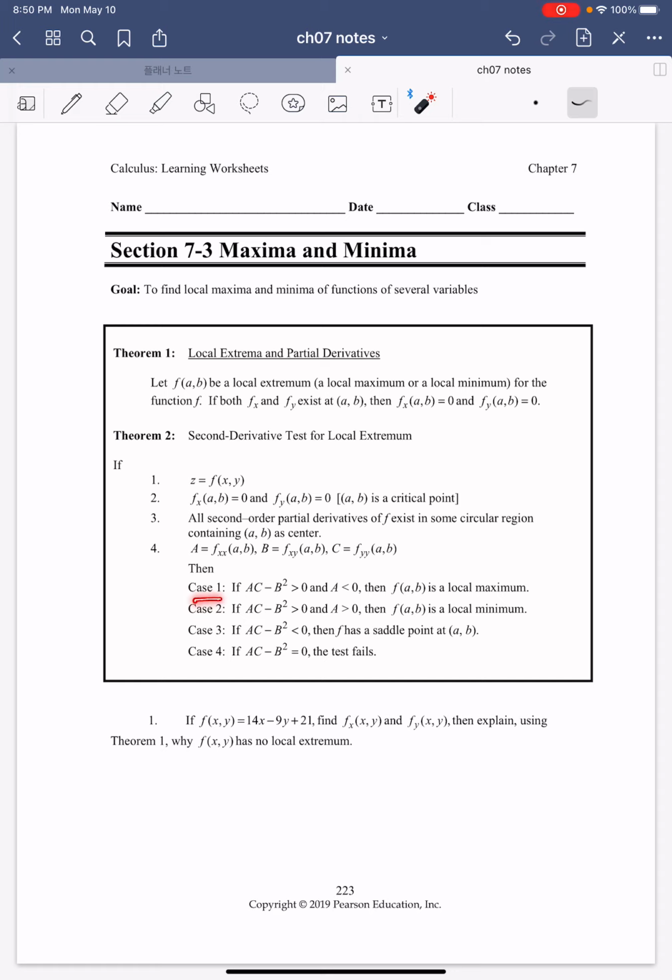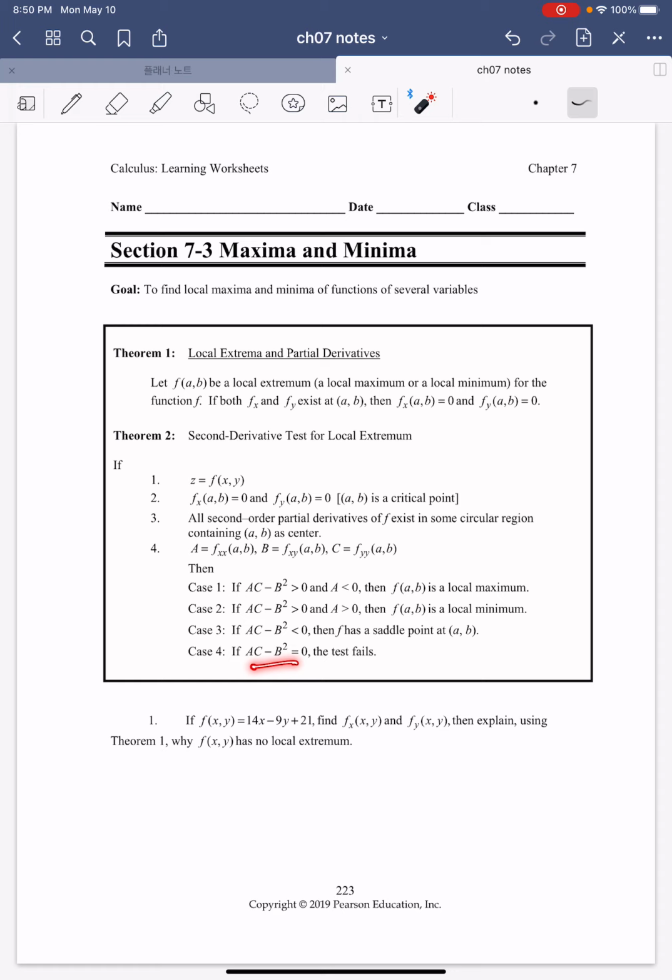Case 1, ac minus b squared is positive and a is negative, then our critical point is a local max. Case 2, ac minus b squared is positive and a is positive, then we call it a local min. ac minus b squared less than 0, that's a saddle point. So anything negative will be a saddle point.